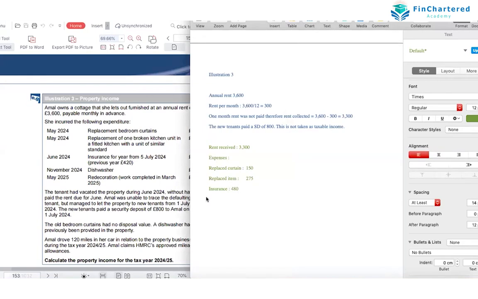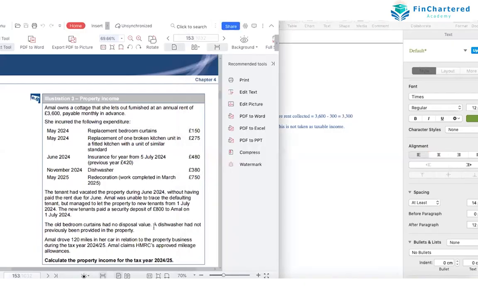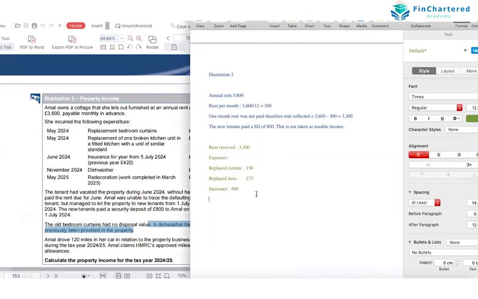Dishwasher, 380. Any news about the dishwasher? A dishwasher had not previously been provided in the property. So what do we have to look at? This is something that we don't allow.